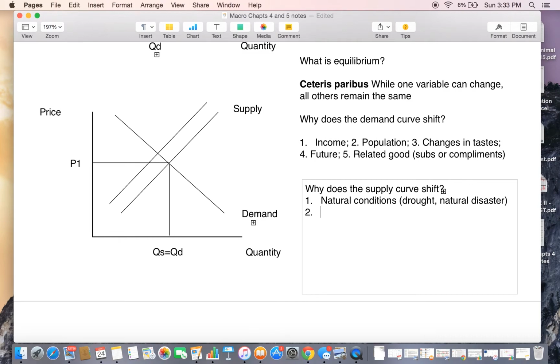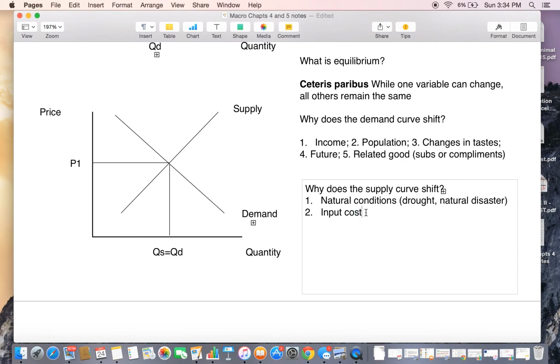Now, another reason why the supply curve could shift would be due to input costs in the production process changing. So if input costs, a key input in production, changes significantly, this can alter the supply curve for a particular firm.